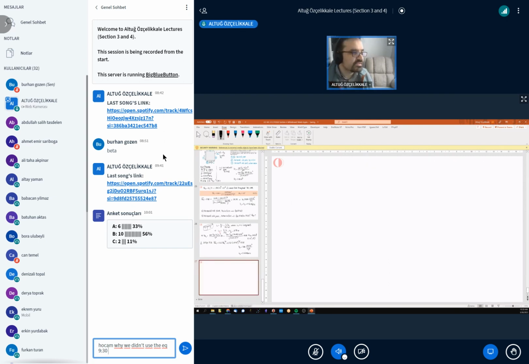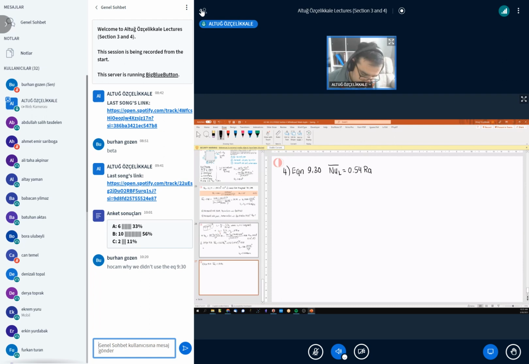How about the last one? We are going to pick, because the Rayleigh number is less than 10 to the power 7, the first equation in the set of equations. We have equation 9.30, and that means the Nusselt number is equal to 0.54 Rayleigh number raised to the power 1/4.